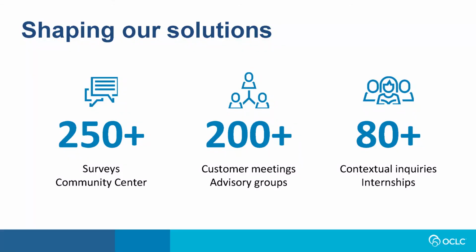We also have this approach called contextual inquiry. Contextual inquiry is a super effective way to bring the user into the process. With contextual inquiry, what you do is you find a user. This is especially good for workflow-based things that you're trying to work on.